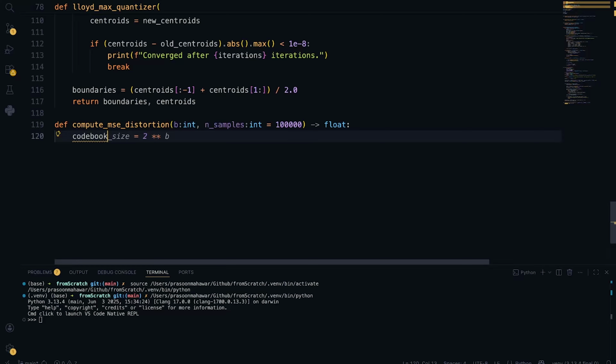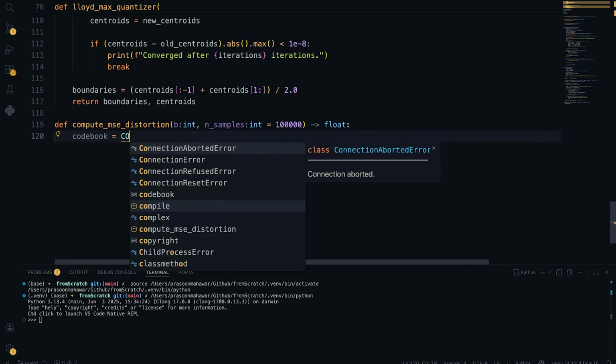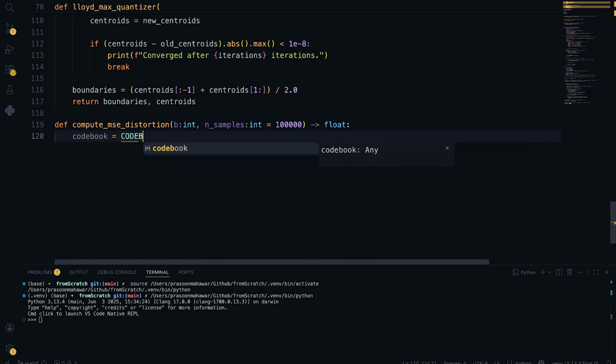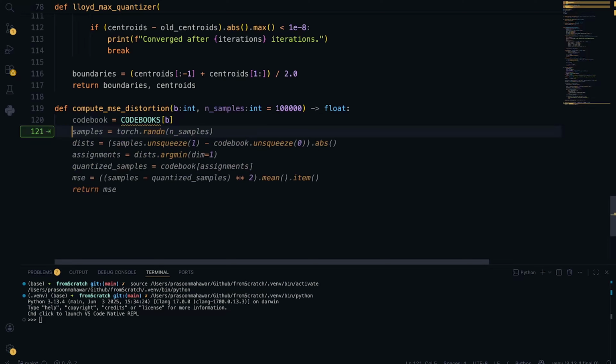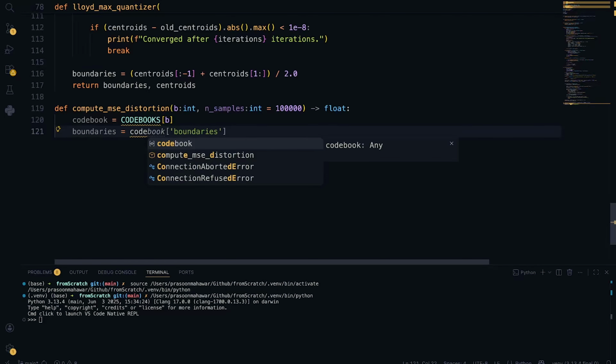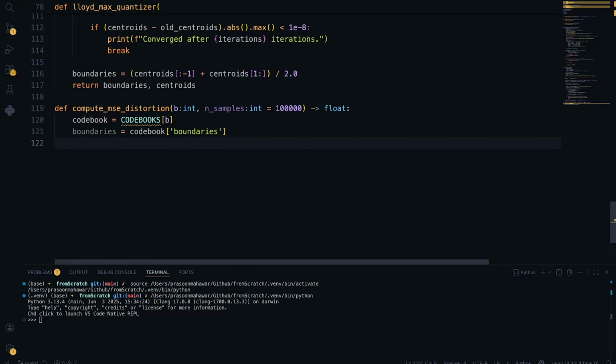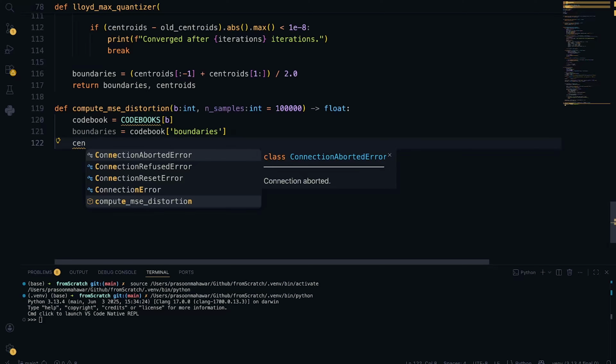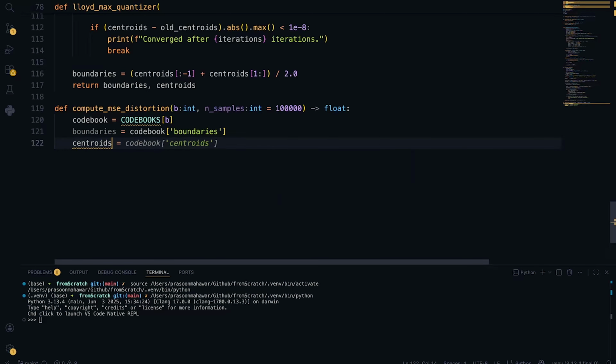So codebook equals codebooks of b, and boundaries equals codebook boundaries, and I think centroids will be codebook centroids. Yeah, we initialize by that.